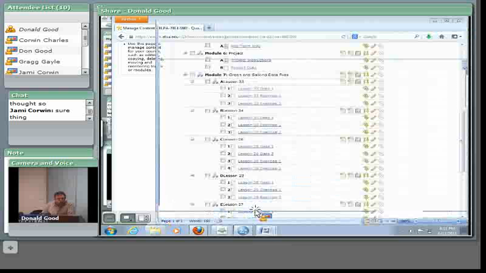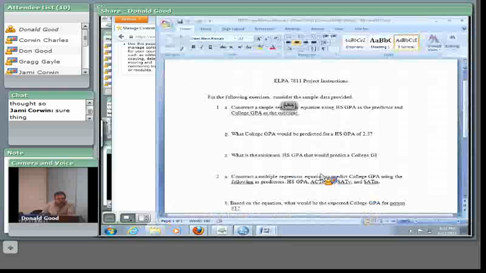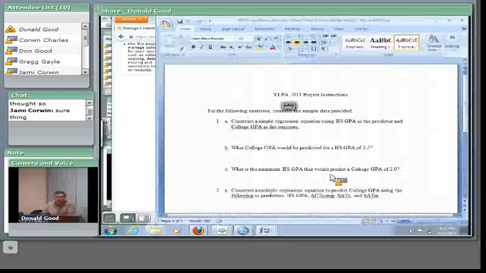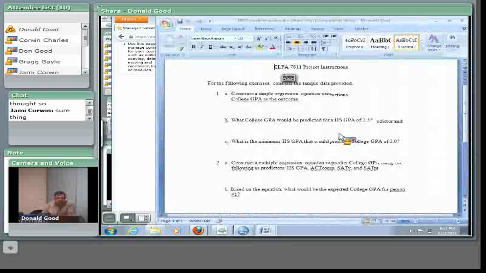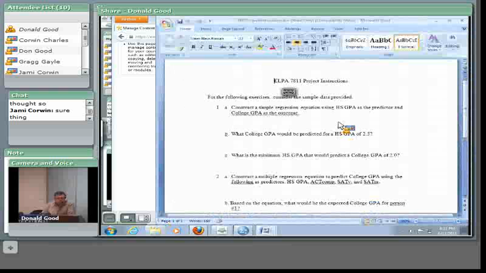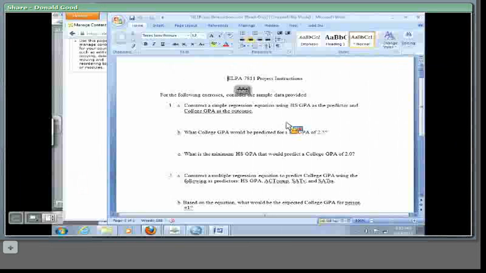And under the instructions, it's just a list of 5 questions. The first question pretty clearly says you're going to do simple regression. That means you have one predictor, one independent variable, and then one outcome, or one thing you're trying to predict.